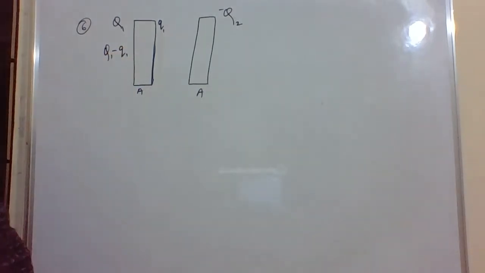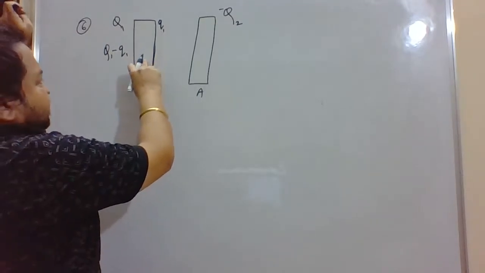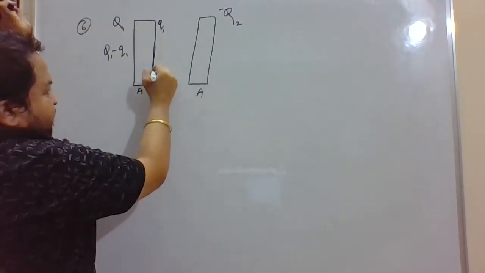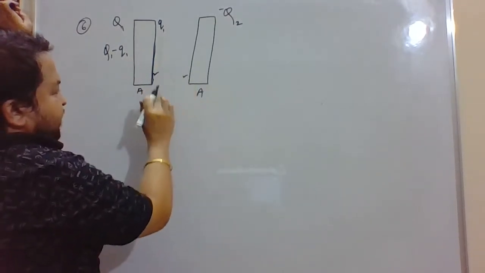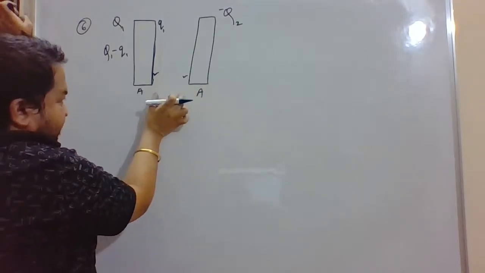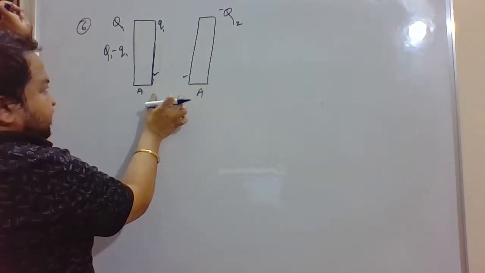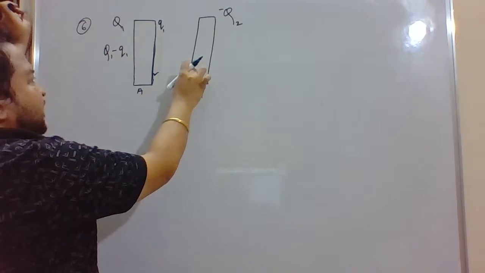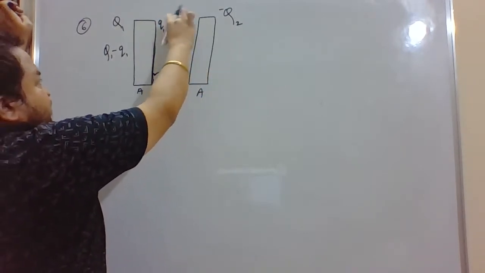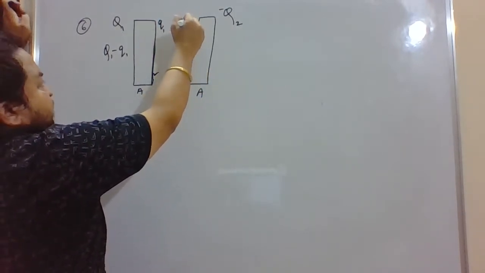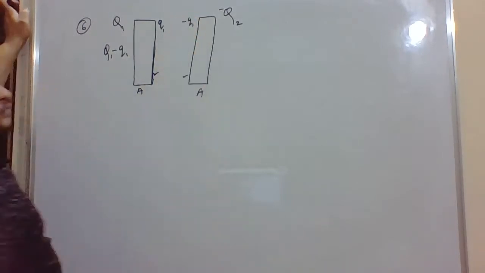Now, if here the charge is plus q1, this plate and this plate are separated by a small distance, and as this is a metallic plate, here the induced charge would be of quantity how much? Minus q1.